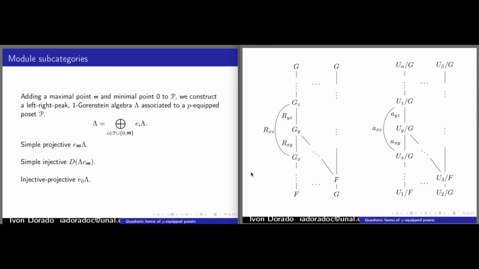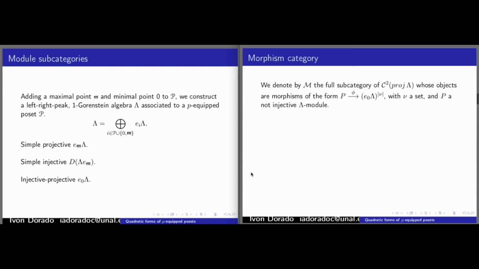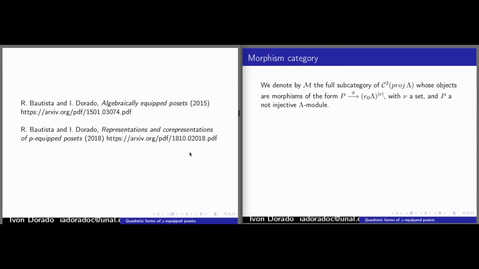We prove that the categories of representations of a p-equiposet are equivalent to the so-called projective lambda modules, and also to this subcategory of morphisms between projective lambda modules. All these constructions and equivalences are in these papers. For anyone who's interested, you can find the links in this video's description.